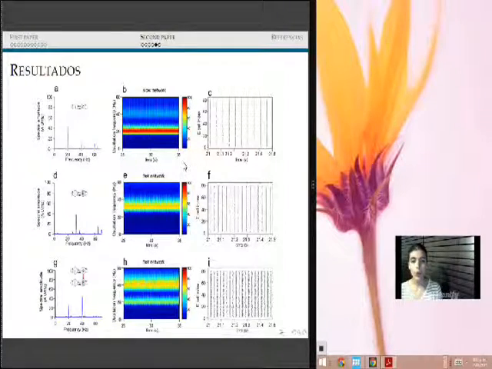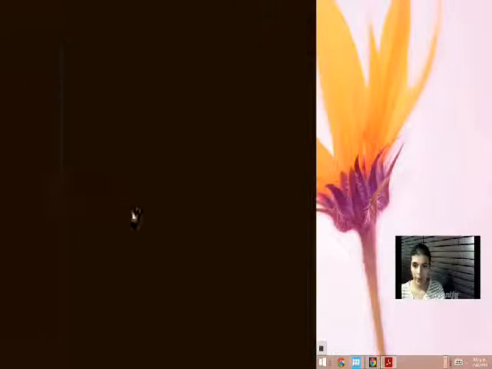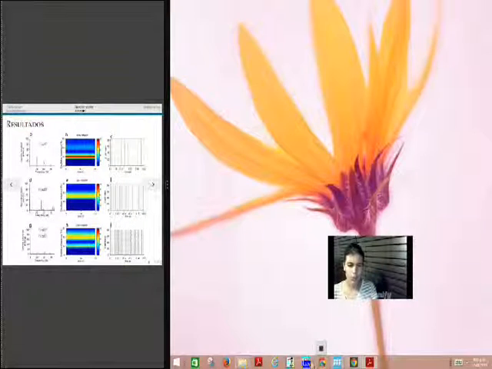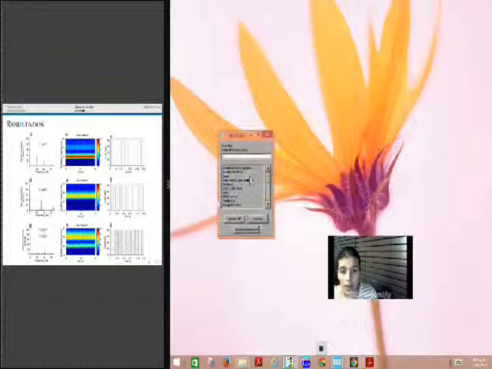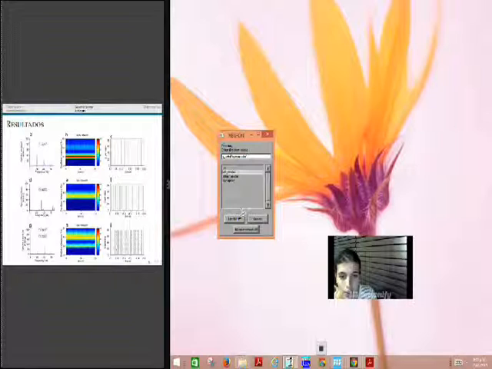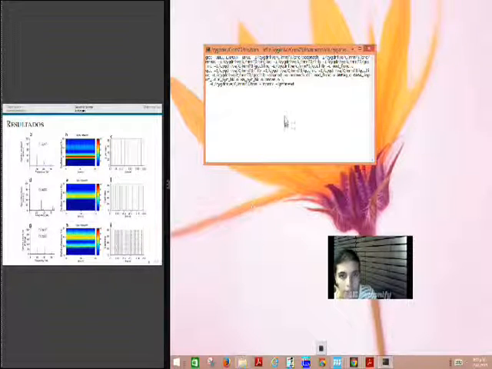About the results, we're going to show you first how to generate it. The idea is really similar to the first paper, the first video. We have to generate the DLL file. This was the folder of the first paper, and this is the folder of the second paper. We go to mod files again and generate the DLL file.